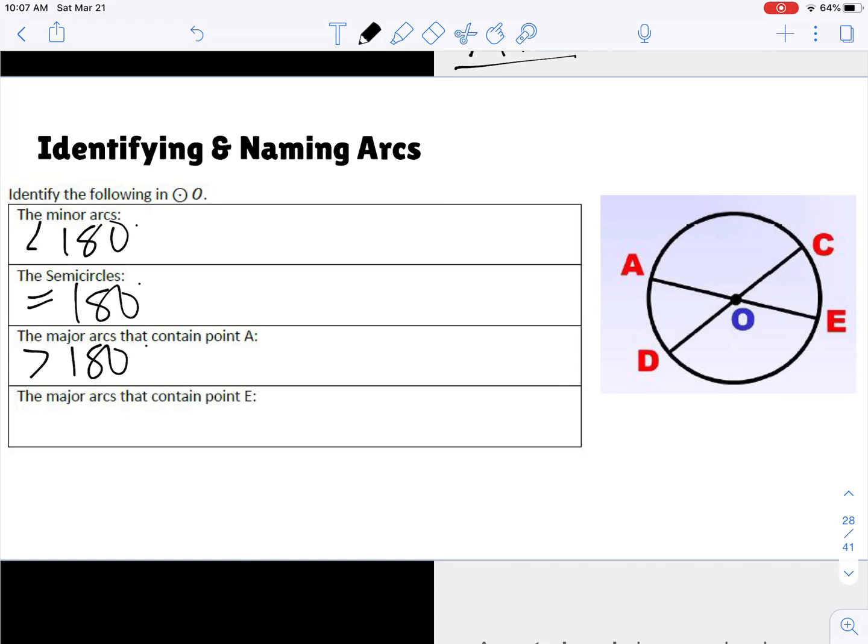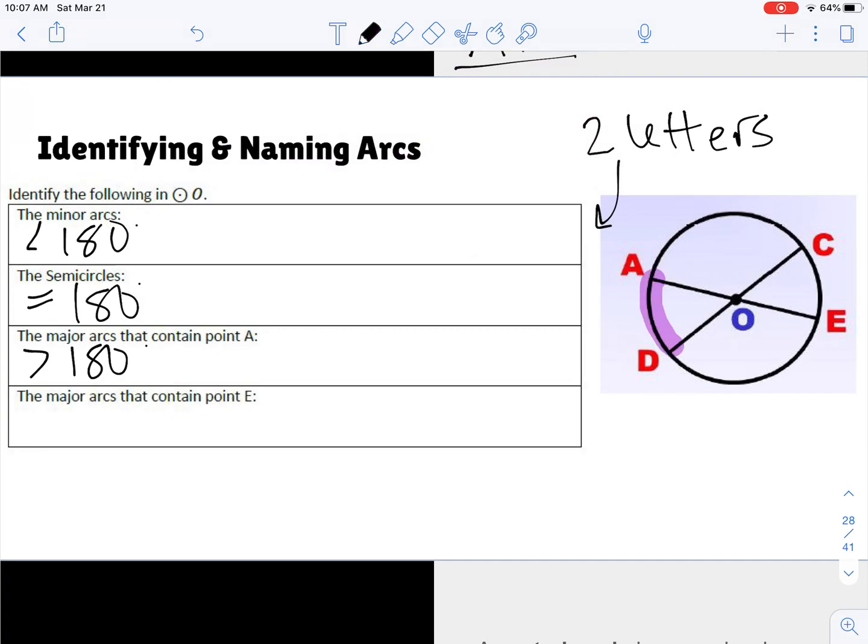So let's practice naming minor arcs. When we name minor arcs, we have to use two letters. So you choose the two endpoints, and then you put the symbol on the top. Okay, so one of the minor arcs in this picture would be arc AD.